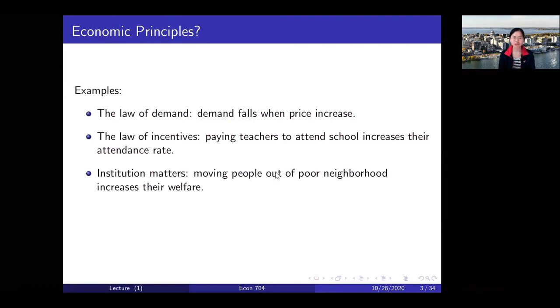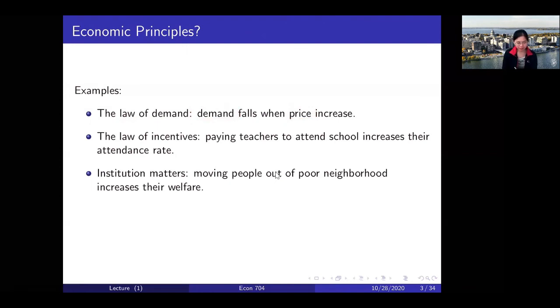The rational choice of consumers leads to the law of demand. That is an economic principle that comes out of the consumer choice theory. The law of demand basically describes the relationship between demand and price, how demand should react when price increases.